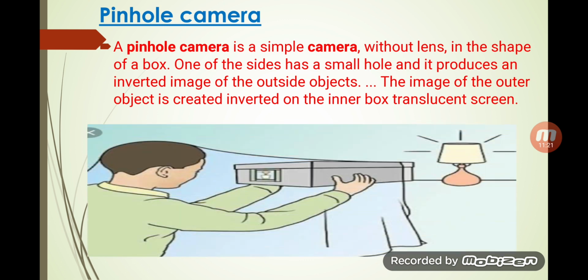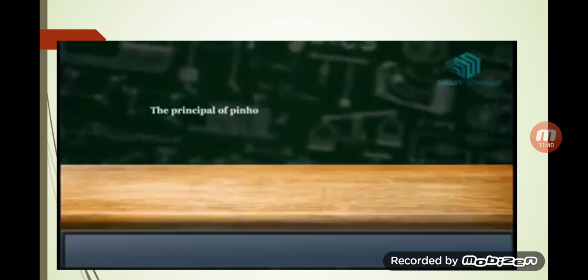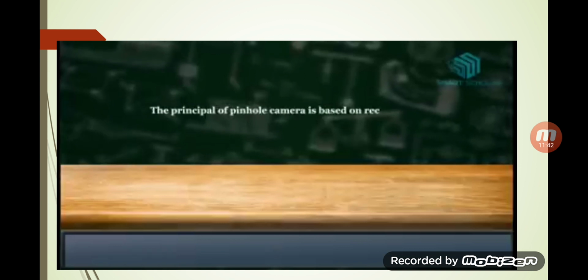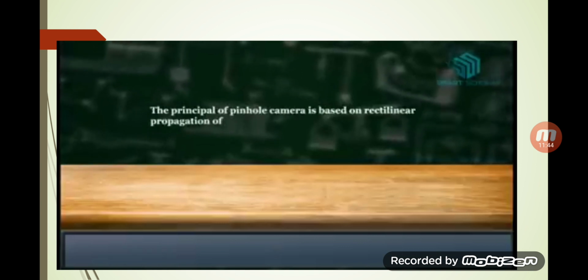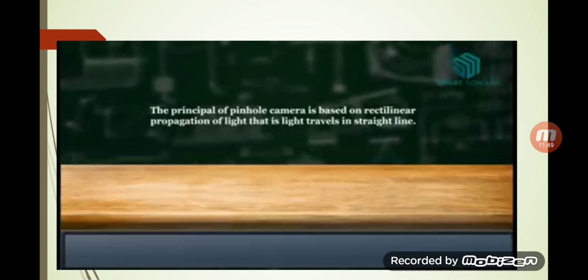You can see a person is using a pinhole camera, and he is seeing through that box to the table lamp. So by this animation you can understand better. Let's see. Pinhole camera. The principle of the pinhole camera is based on rectilinear propagation of light, that is, light travels in a straight line.